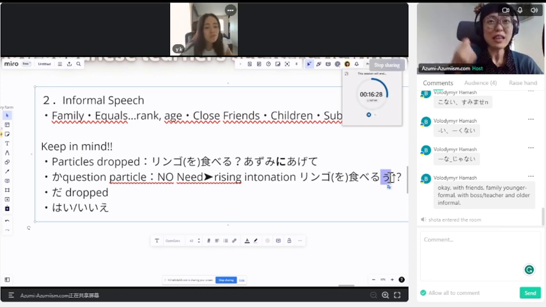Of course, without sound, you cannot make rising intonation, so you have to pick a vowel you can make rising intonation on. It's very important. For example, あずみさんは先生ですか. Make it short form.